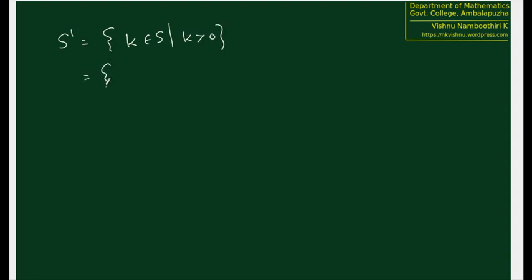Therefore, K is of the form AM plus BN with M, N in Z, but with the extra condition that AM plus BN is positive.